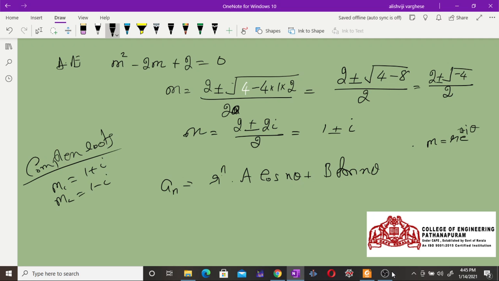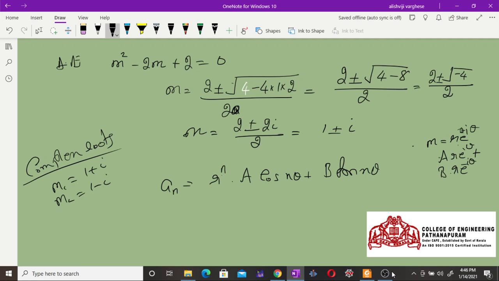Then the general form of our solution is this: if we represent the first root as r e raised to i theta and the second root as r e raised to minus i theta, then the solution is of the form a into (r e raised to i theta) raised to n plus b into (r e raised to minus i theta) raised to n.